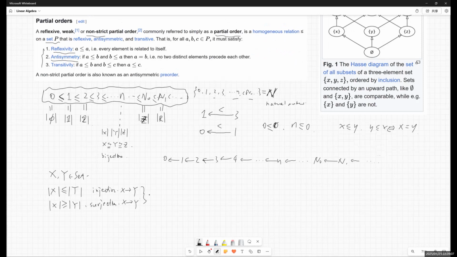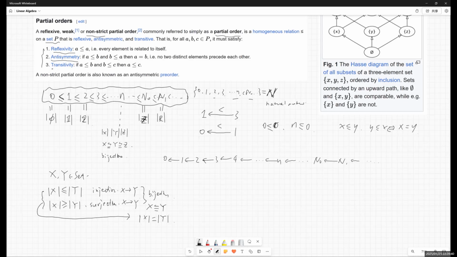That means we have a bijection. Bijection gives X isomorphic to Y, and X and Y have the same cardinality. You see that? These conditions combined together make the cardinalities equal. That is the idea of antisymmetry here.